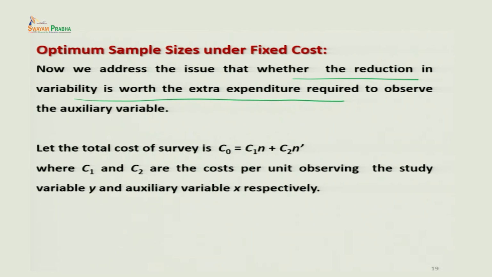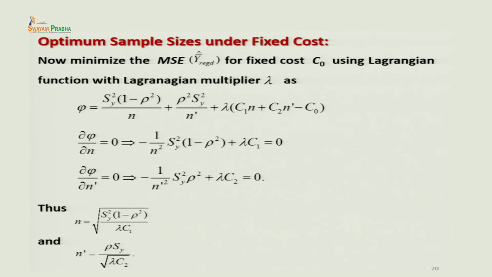So, once again I take the same setup, that the cost function of this survey is given by C0 equal to C1 n plus C2 n prime, where C1 and C2 are the cost per unit of observing the study variable y and the auxiliary variable x. Okay, now I use the Lagrangian multiplier method.